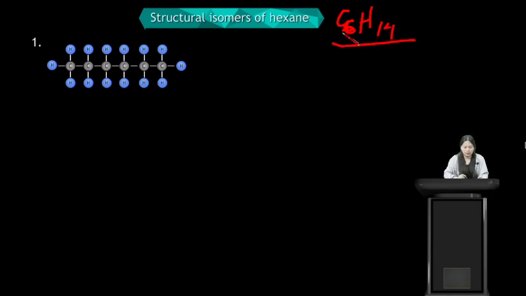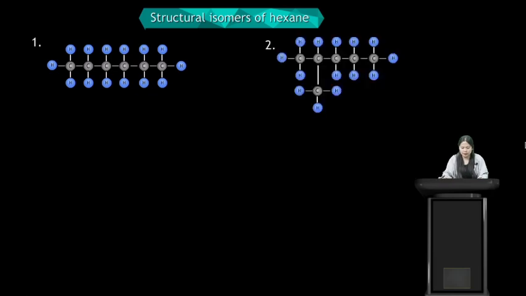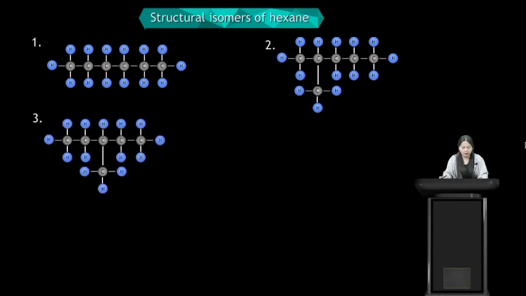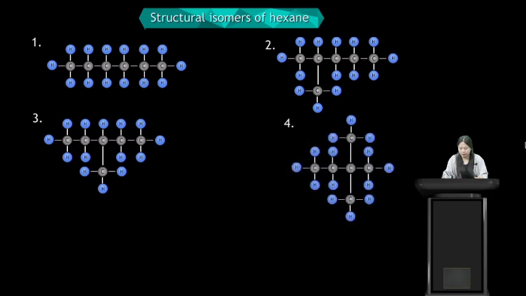The first structural isomer we have is this structure. It is a straight chain. The next structure we have here is a branch chain. Yes, students, even in this case the number of carbon atoms and hydrogen atoms is the same. Then we have the third structure. Again, the molecular formula is the same, but the structure is different.